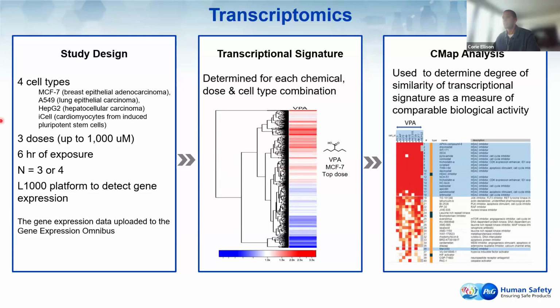The transcriptional signatures were then compared among the different case study chemicals, the different branched chain carboxylic acids, to determine similarities and differences between them. Additionally, an analysis known as connectivity map analysis, or CMAP analysis, was done. CMAP analysis involves comparing a chemical's transcriptional signature to a large database of existing transcriptional signatures, so you can see if the gene expression pattern of your chemical of interest is similar to anything that's already been tested within the database, which has 300 plus chemicals.